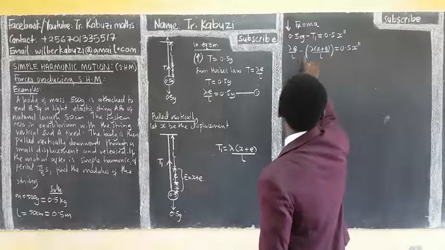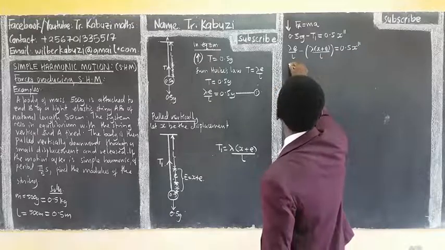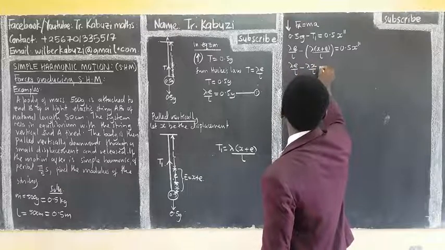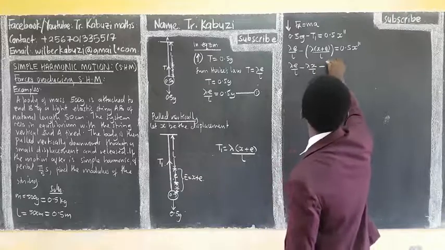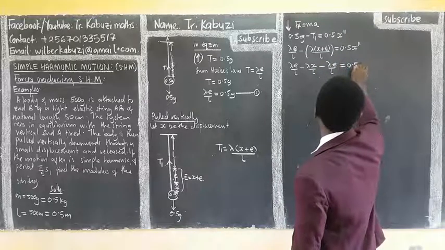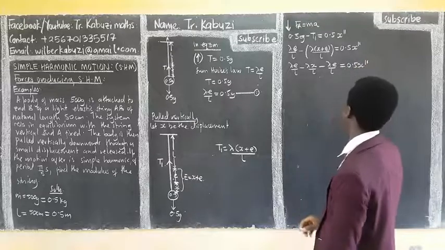When we expand our brackets, we have lambda e over L minus lambda x over L minus lambda e over L equaling 0.5 x double prime.